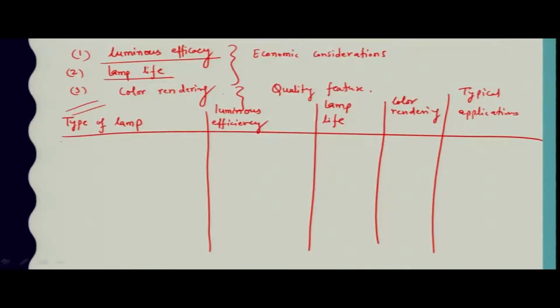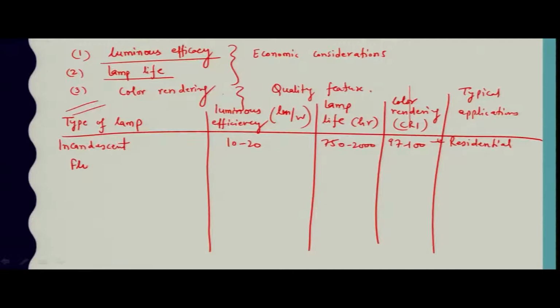If we use incandescent, the filament is made of tungsten. Its luminous efficiency, expressed in lumens per watt, is 10 to 20. Lamp life, expressed in hours, is 750 to 2000, and color rendering, expressed as CRI, is 97 to 100. It is generally used for residential purposes.